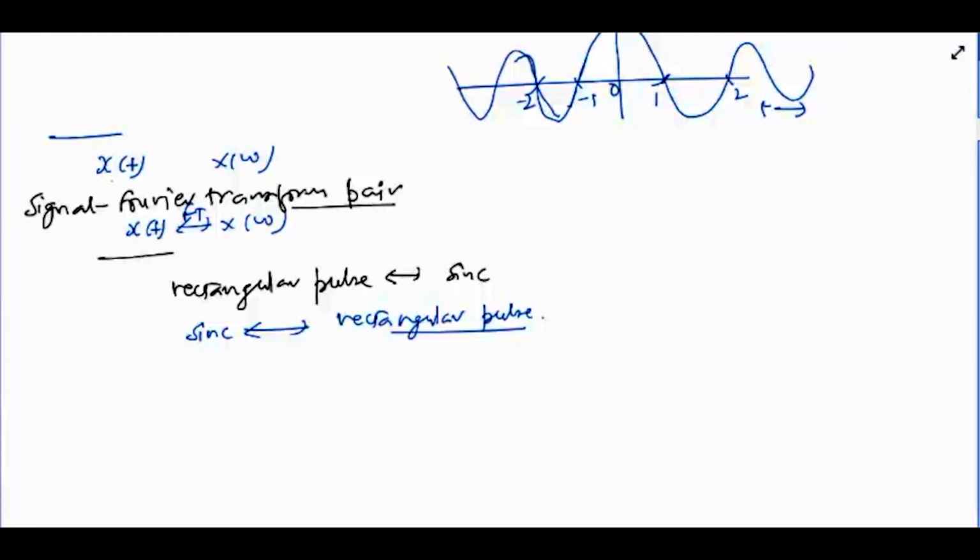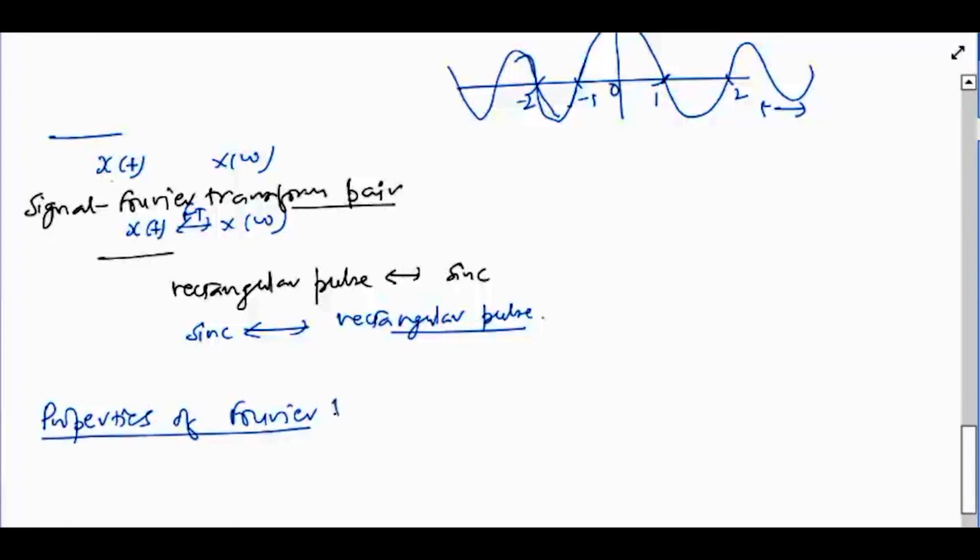So now we come to properties of Fourier transform. The first property is called linearity.